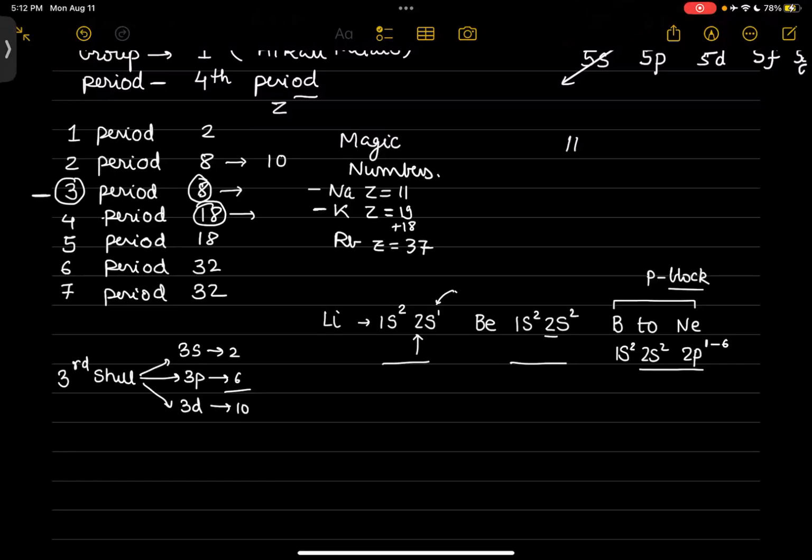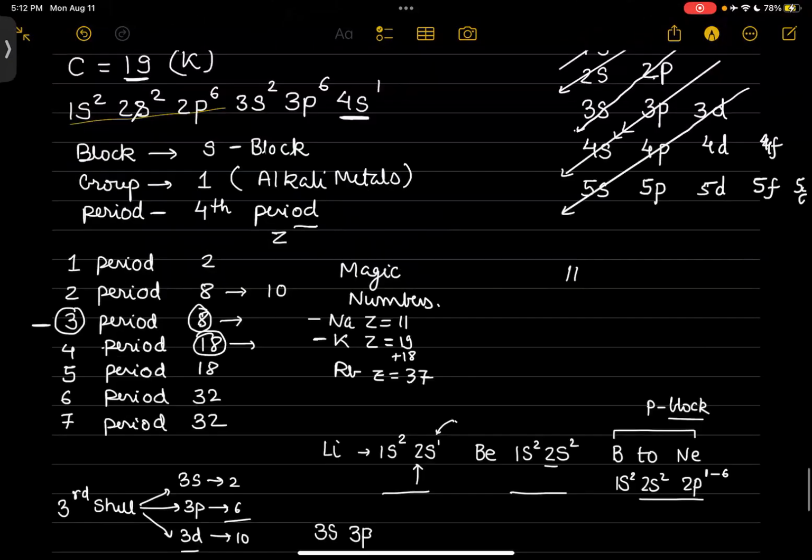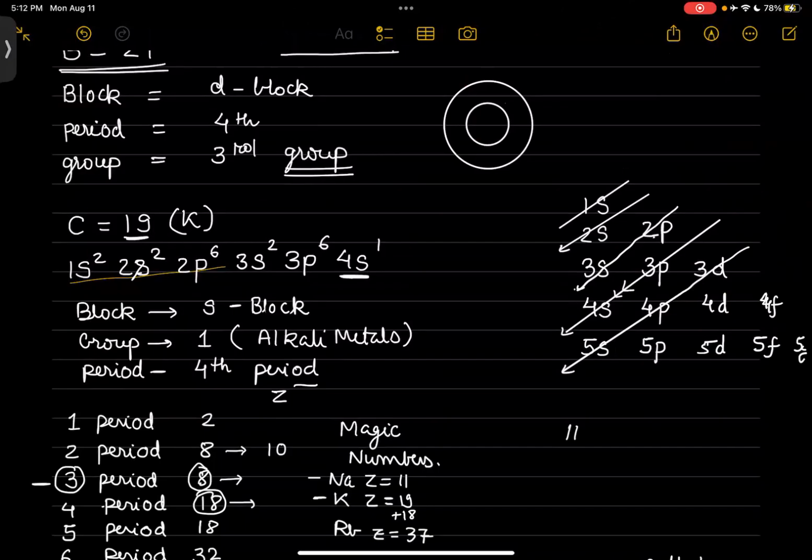Not sure. So actually the third shell has a D subshell, but when will it be filled? Just look here. 3S, 3P, 3D. Are they filled in this way, or do I need to change something? 3S, 3P, right? Then you have 4S.